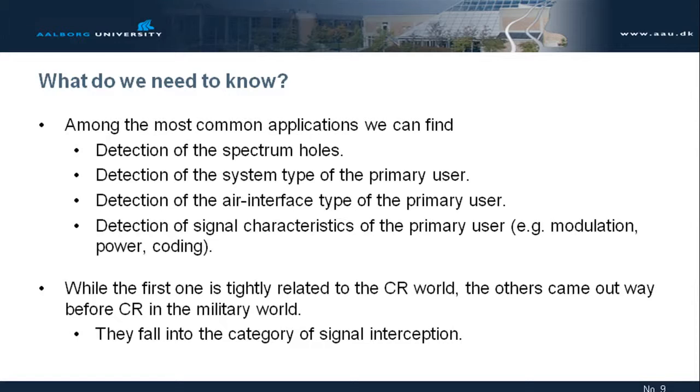Because each of them requires a different type of information to the classifier to take the proper decision. If you just need to decide the type of system, for example, the Wi-Fi signal has certain signal characteristics, and LTE has another one.